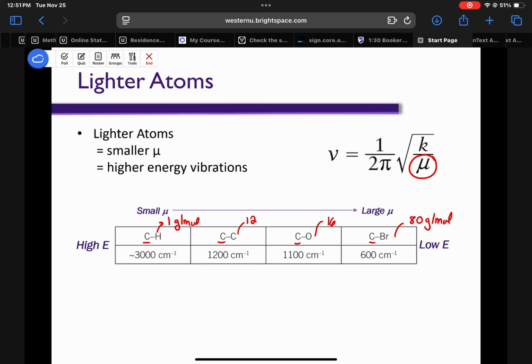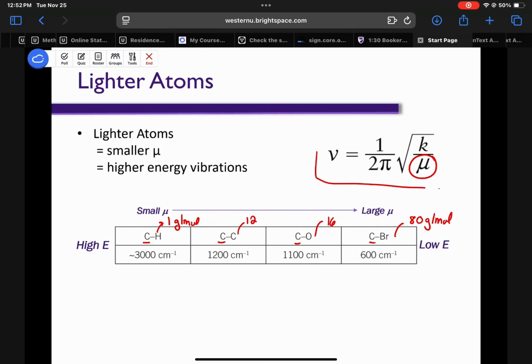As the mass of the atoms increases, or as the reduced mass increases, we can see that mu, that reduced mass, is in the denominator. As that value gets bigger, then the frequency of that vibration, which is directly proportional to the energy, gets smaller. So heavier atoms vibrate at lower energy, lighter atoms vibrate at higher energy.